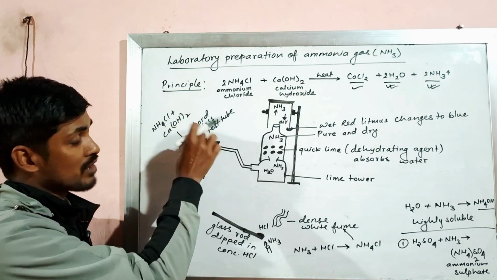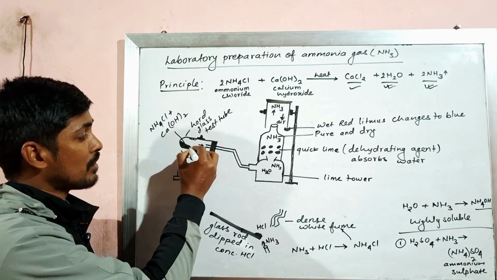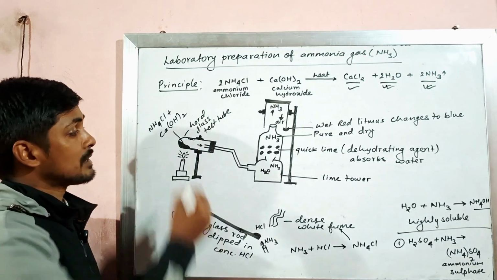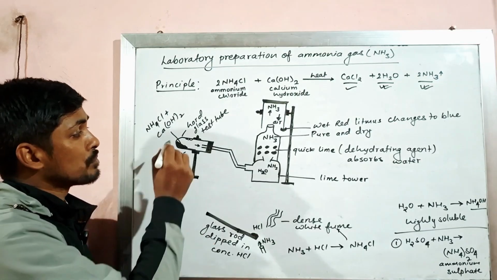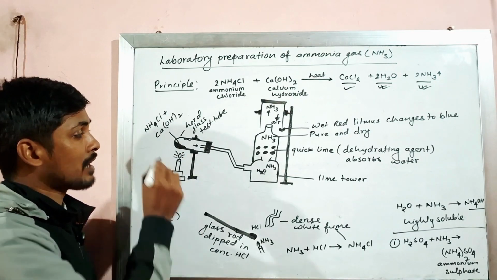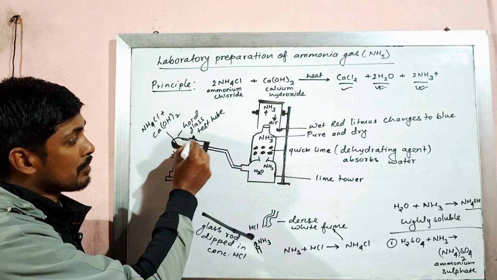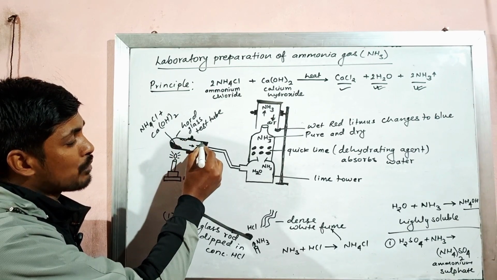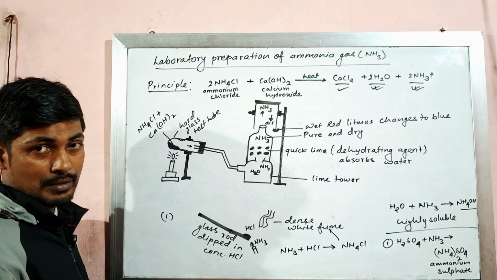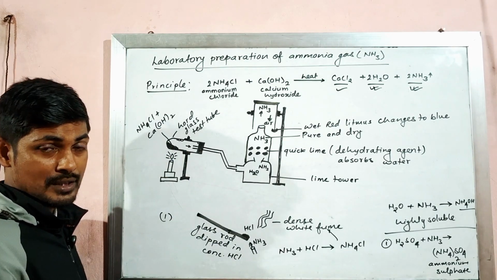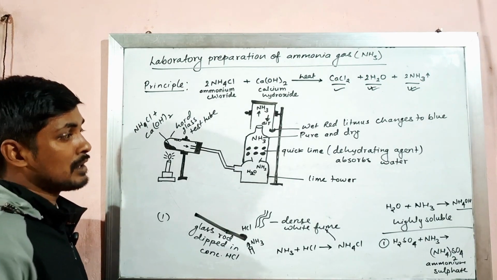If it is not slightly tilted, then these droplets will fall on the hot surface of this hard glass test tube. That may lead to cracking of this hard glass test tube. So, to prevent the cracking, it is made slightly tilted so that the water droplets reach towards the mouth and fall on the relatively colder surface, not on the hot surface. That prevents the cracking of the hard glass test tube.